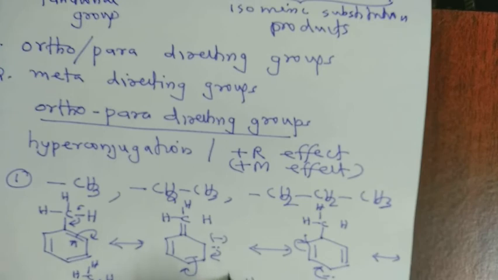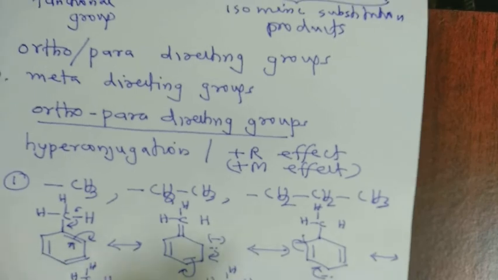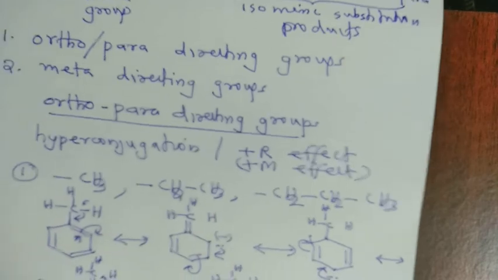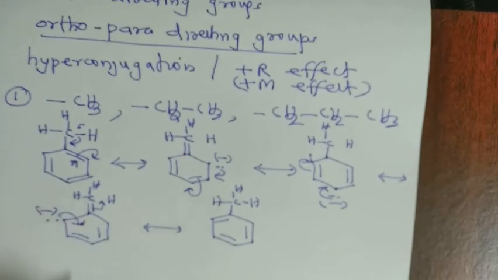In these resonating structures, negative charge is localized on the ortho carbon atom, para carbon atom, ortho carbon atom. In other words, the CH3 group increases electron density at ortho and para positions in the benzene ring.